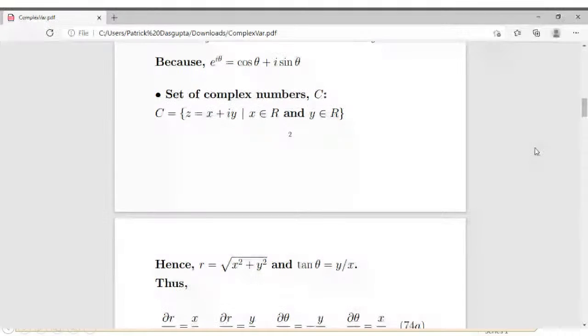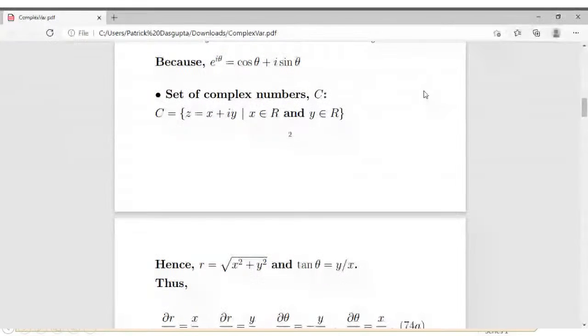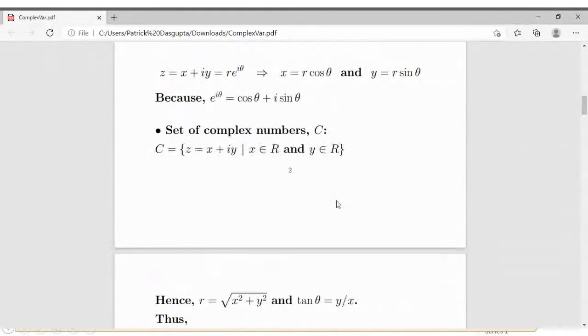From these expressions, x equal to r cos theta and y equal to r sin theta, one can immediately write r as square root of x square plus y square and tan of theta as simply y divided by x. This follows from x equal to r cos theta, y equal to r sin theta.